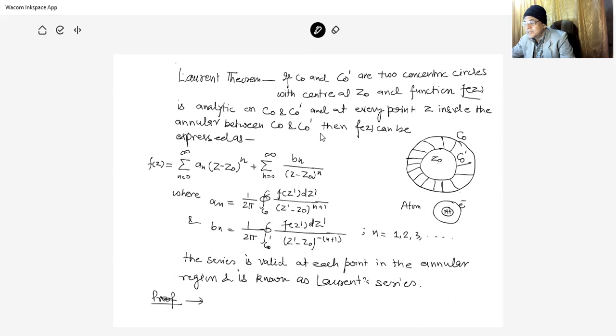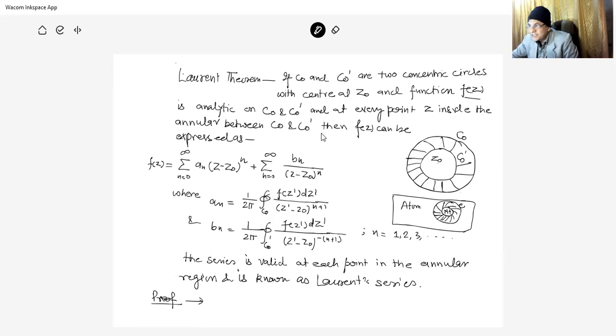Inside the annular region means, in the particular case of the atom, that we have to consider the law in the electronic orbits. We are not interested to discuss any law or any motion inside the nucleus.